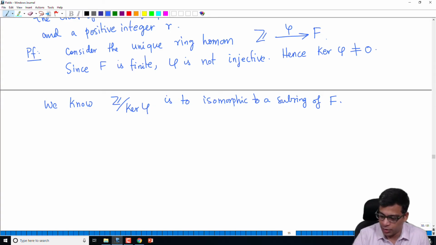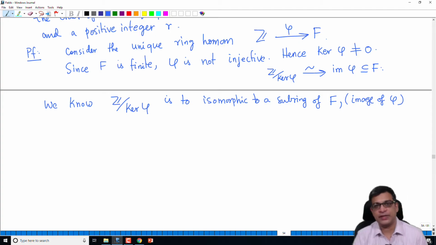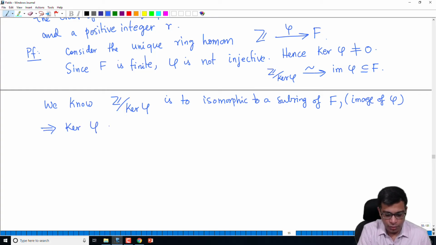So namely the image of phi. So we have an isomorphism from Z mod kernel phi to image phi, which is of course a subring of F. So F is a field. Any subring of F is an integral domain. So Z mod kernel phi is an integral domain. Hence kernel phi is a prime ideal.